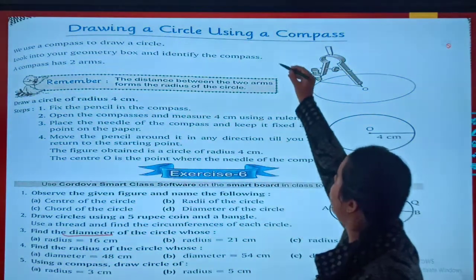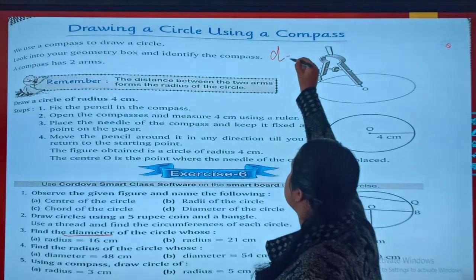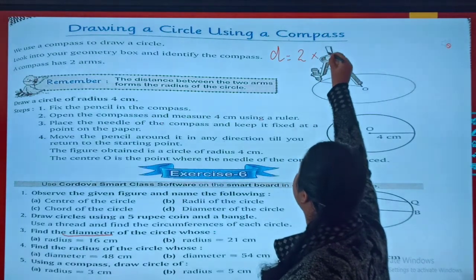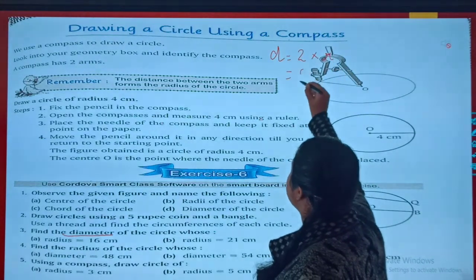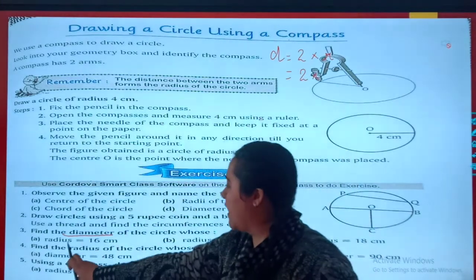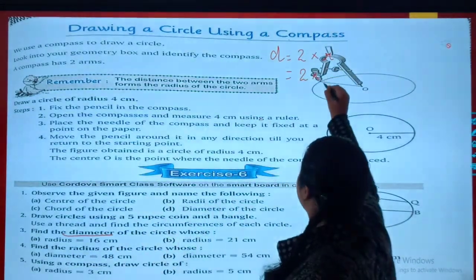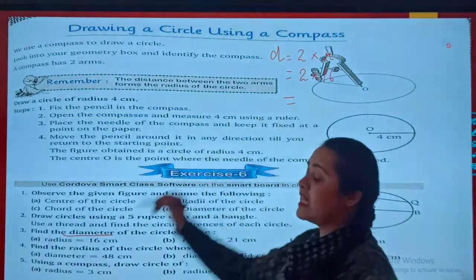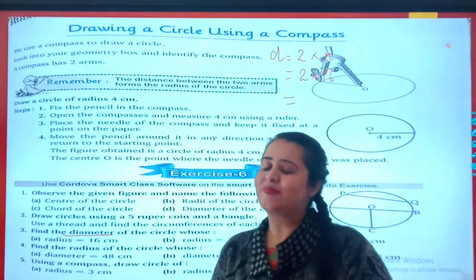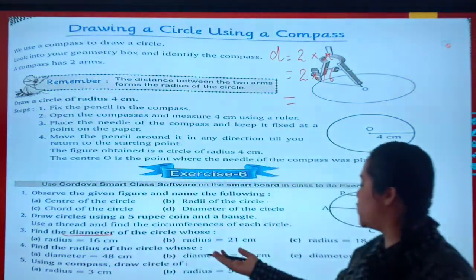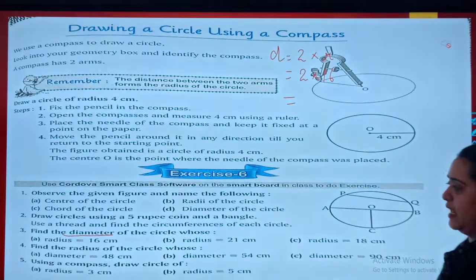So what is the formula for diameter? 2 into radius. The first one is radius equals to 16, so 2 into 16. Okay students. The second is 21 and the third is 18.